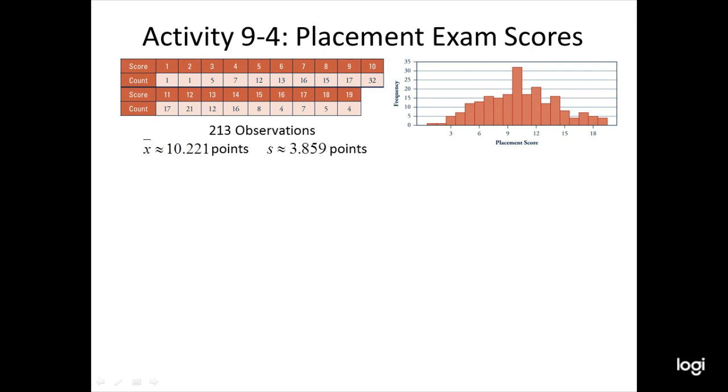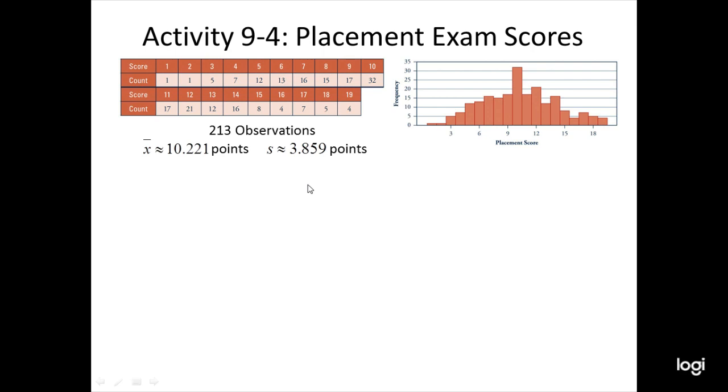So those have been worked out for us. There's a picture here of the distribution, and then here's a table. There's enough information in the distribution to reproduce the table in this case, and vice versa. So they contain the same information.